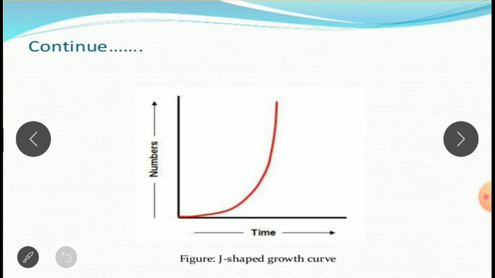So when there are unlimited resources, whenever resources, food, everything is available, the population continuously increases with time. But after some time, when they reach the maximum, when the limit is over, they will crash away.